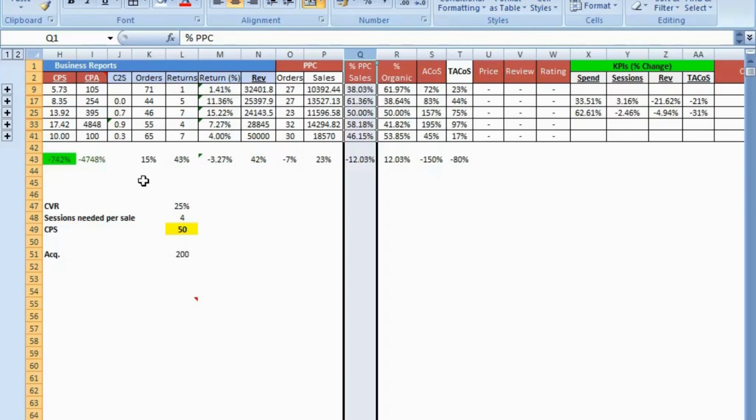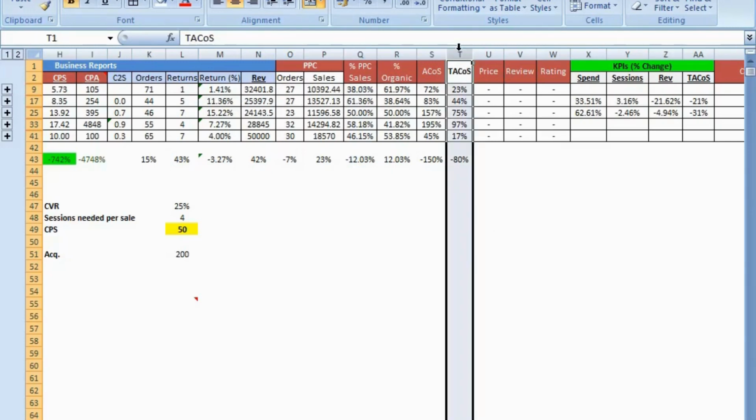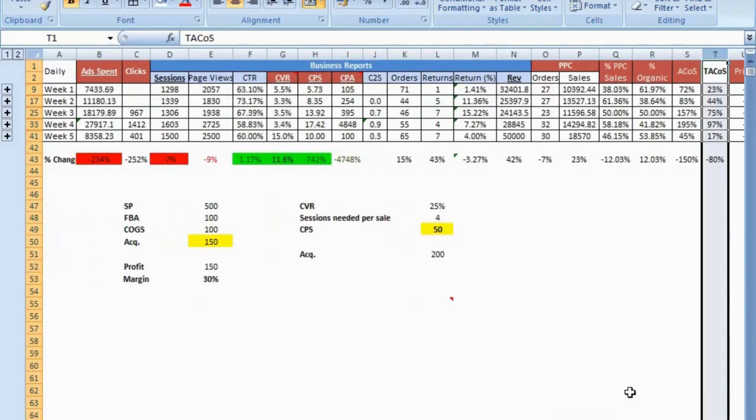Now while you have all these metrics, the foremost metric is your TACoS, which will determine whether you are profitable or not, right? You need to have a clear sense of visibility. You need to know if your TACoS is going up or coming down on a weekly basis, and then accordingly you allocate your budgets. Let's say your TACoS is so high and you are not profitable, in that case you will immediately reduce your PPC ad spend, right?